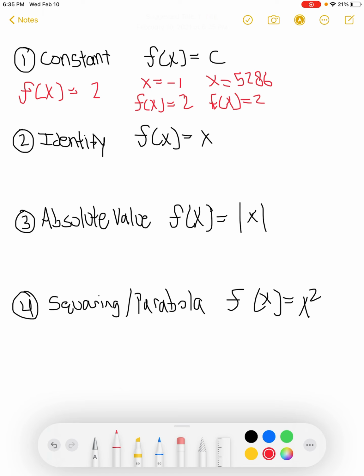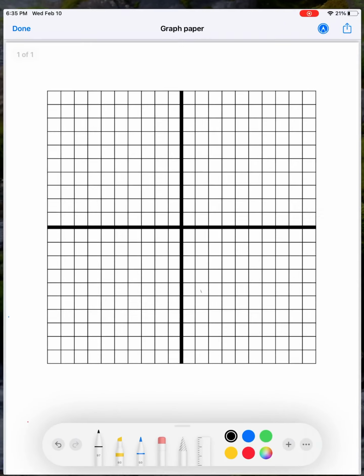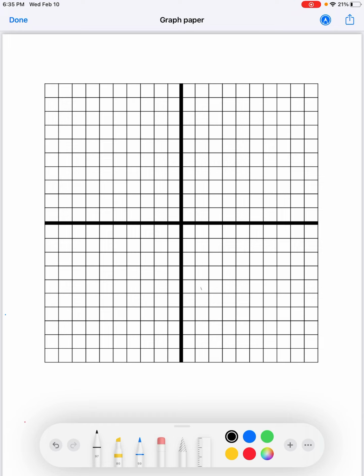Let's look on the graph what this looks like. On the graph, if everything is one value, whatever c is, that means this is going to be a horizontal line. So a constant function is a horizontal line. So we said f(x) equals 2.